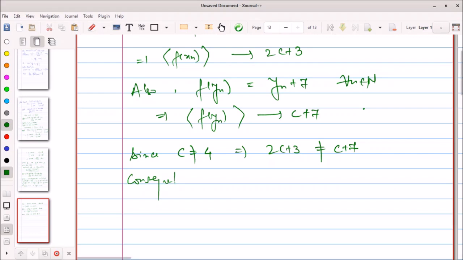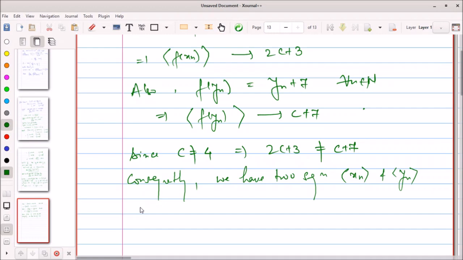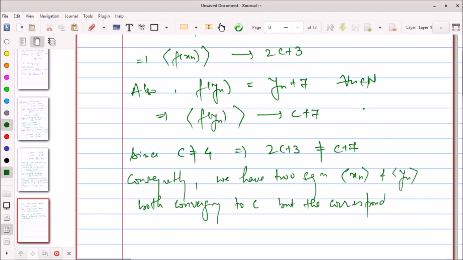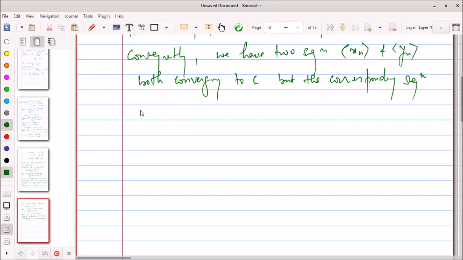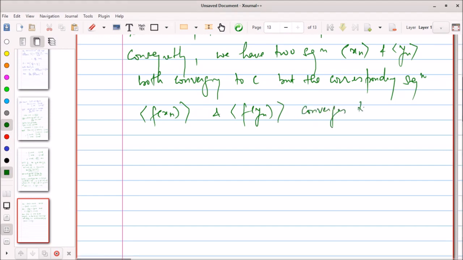Consequently, we have two sequences xn and yn both converging to c, but the corresponding sequences f(xn) and f(yn) converge to different limits.